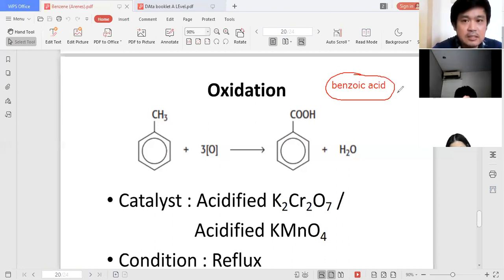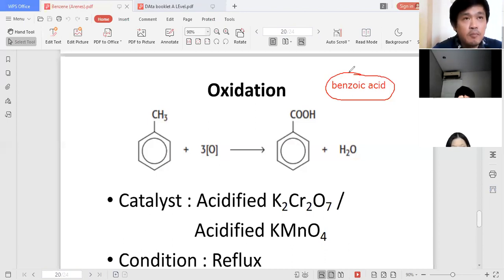Yes, this benzoic acid is a preservative. It has a wide range as a preservative for fungi. Fungi will die using benzoic acid, and the yeast also will die because of benzoic acid.